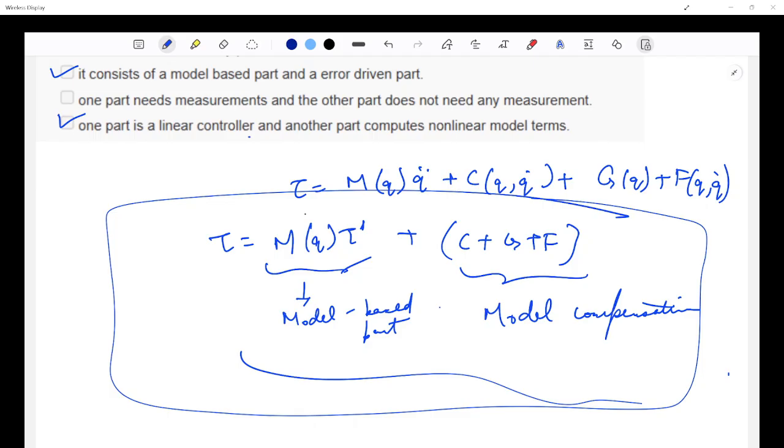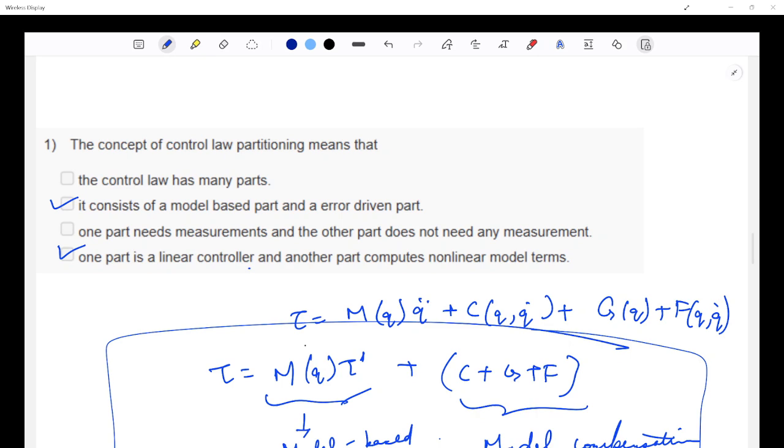So it consists of a model based part and an error driven part, which is correct. The fourth option is one part is a linear controller, another part computes the non-linear model term. This is also correct because the error driven part is taken care of by linear PD control and the model based part is taken care of by non-linear dynamics computation.